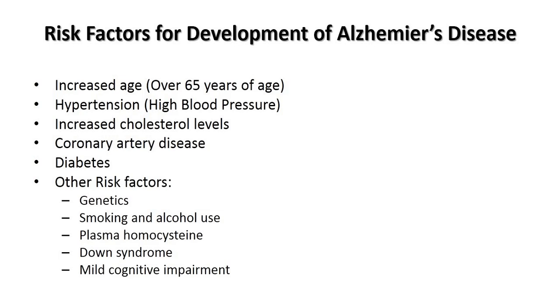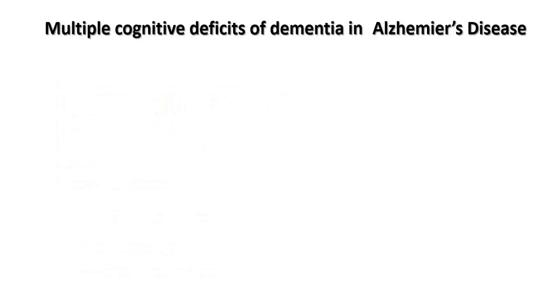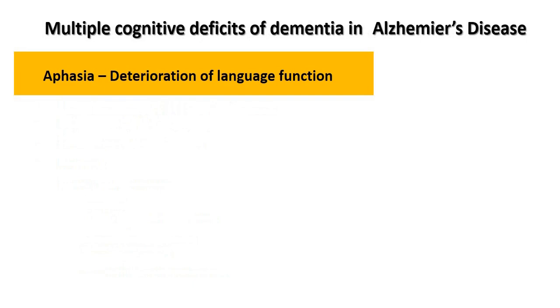Some of the multiple cognitive deficits in Alzheimer's disease, four common terms often asked in MCQ again. Multiple cognitive deficits of dementia in Alzheimer's disease. First, aphasia. Aphasia is deterioration of language function.